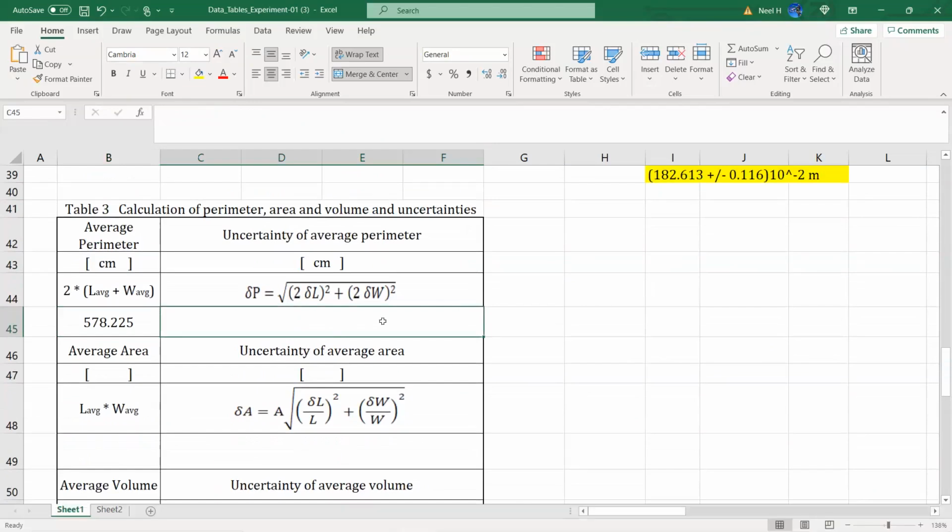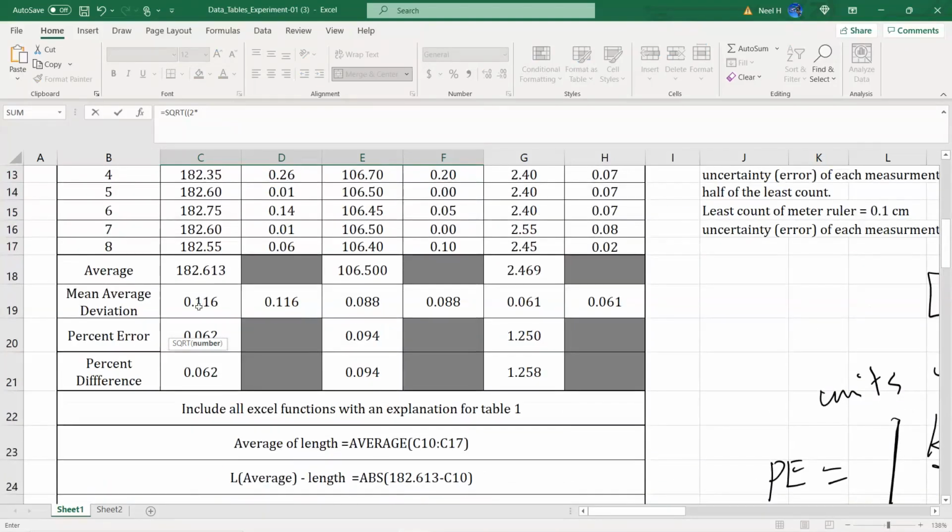Let's do the next one then. Error for that one. You know the equation. I just need to multiply that. So equal sign. I need the square root, right? SQRT, open bracket for the square root, then open another bracket for the inner part: 2 multiplied by delta L. That should be the mean deviation for the length, that is C19, close bracket, power 2.